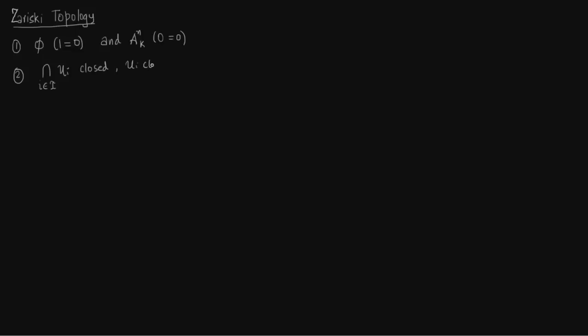So what is this U_i? Now U_i obviously is a closed set, so it is defined by some collection of polynomials. So for example, U_i is nothing but the set of points in A^n, and we have this collection of polynomials which we write as f_ij.